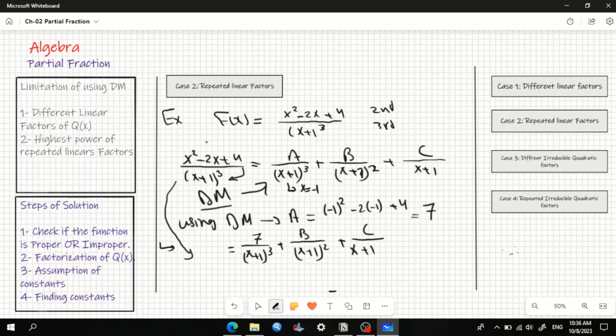Here we can't find b or c by the direct method, so we will use the comparison method.